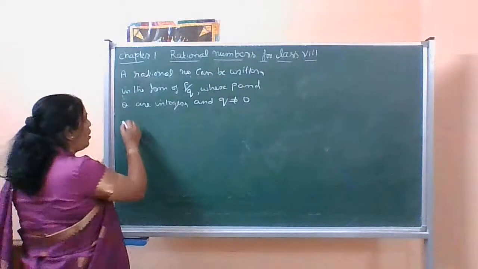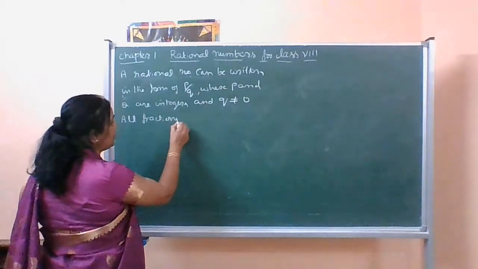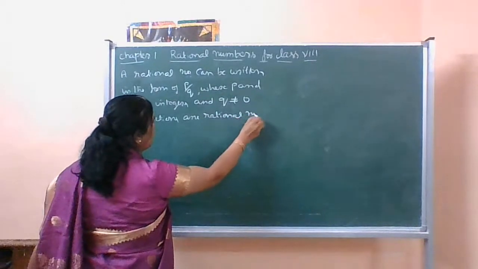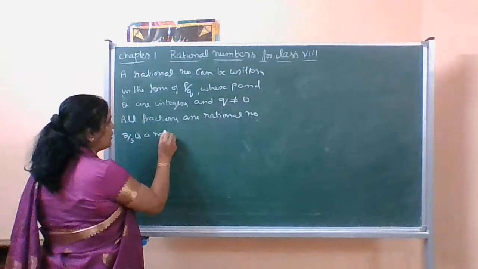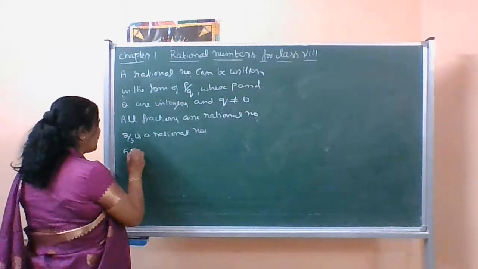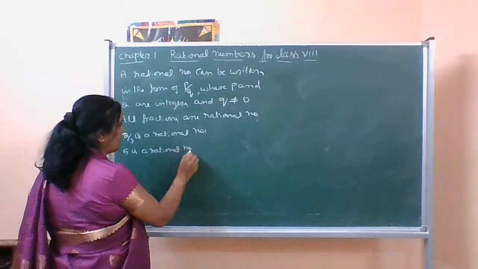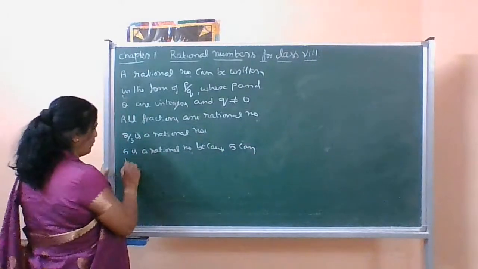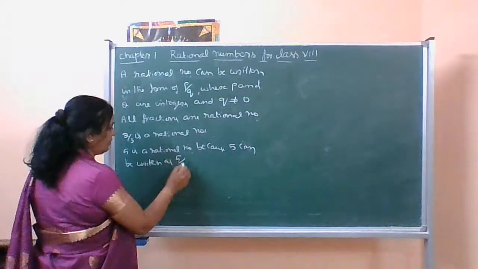That means all fractions are rational numbers. That is, minus 2 by 3 is a rational number and 5 is a rational number, because 5 can be written as 5 by 1.